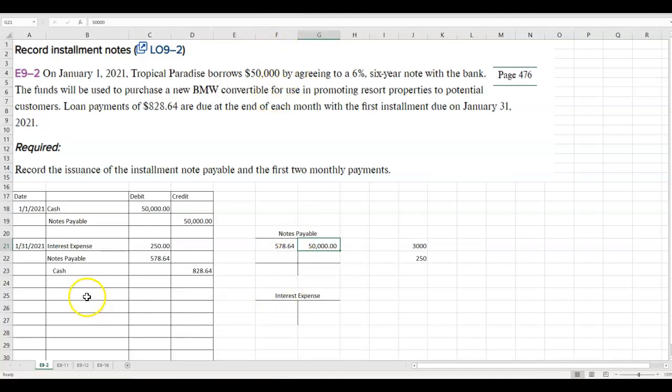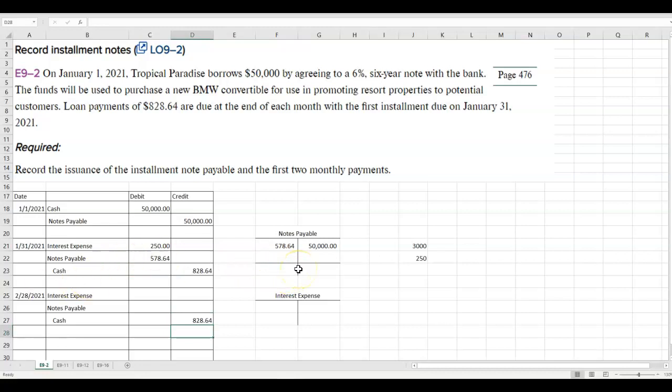That's better. Okay, our next payment is due February 28th, end of the month. Again, we're going to have interest expense. We're going to have notes payable. And we're paying cash. Now we know our cash is $828.64. That's not going to change.